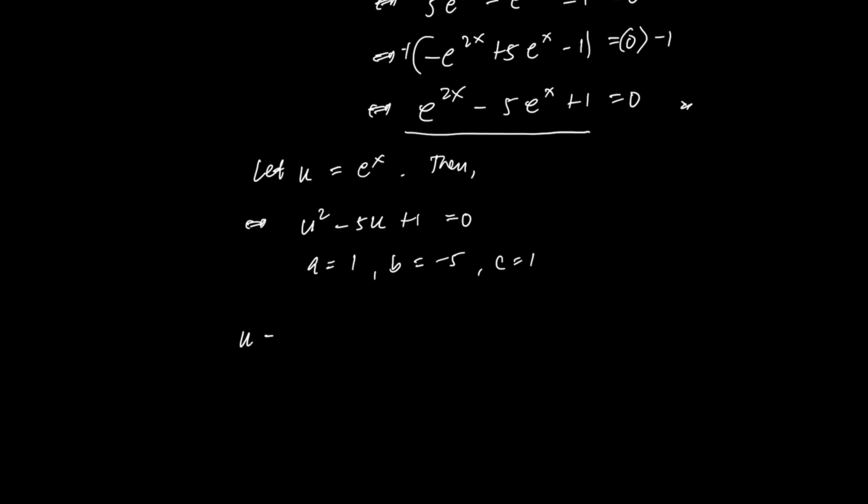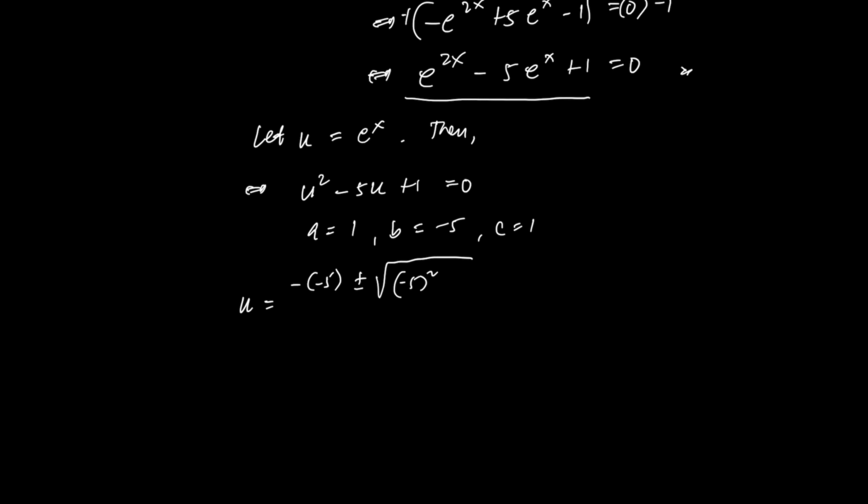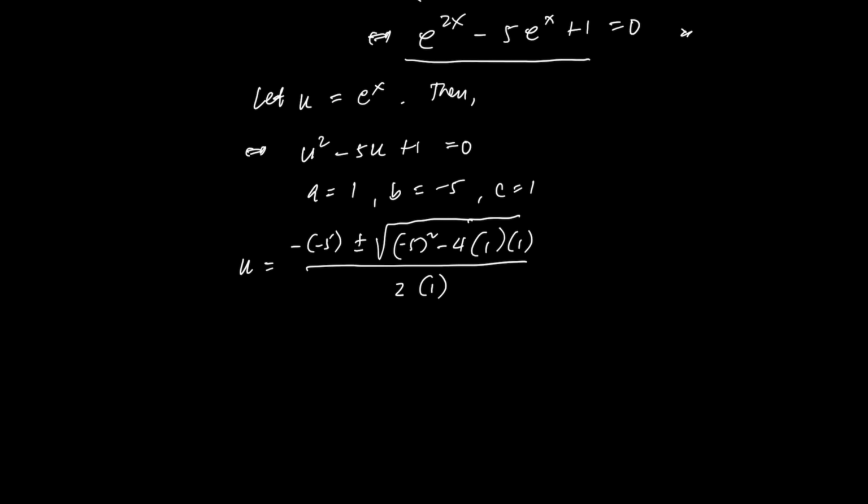So we have u is equal to negative b, that's minus negative 5, plus or minus the square root of b squared minus 4 times a times c, over 2 times a.